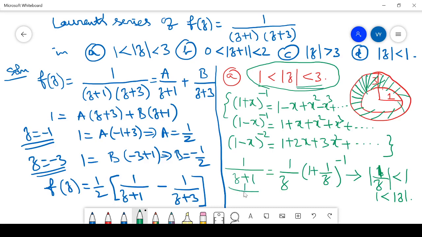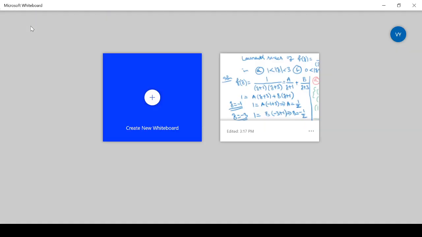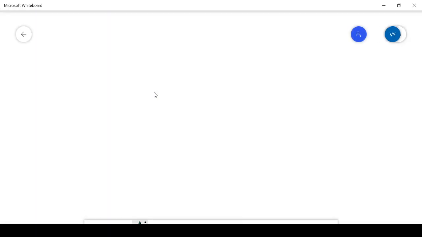So in 1/(z + 3), I will take 3 as a common factor and expand (1 + z/3)^-1. When I expand this, I need |z/3| < 1, which gives |z| < 3. When I combine these two, I get the region of convergence as 1 < |z| < 3.